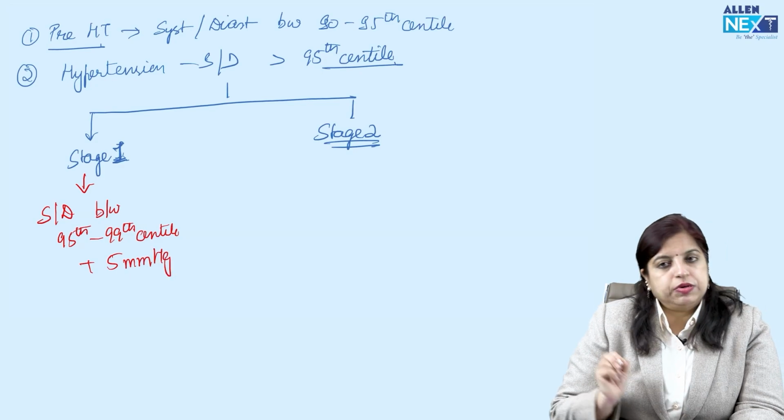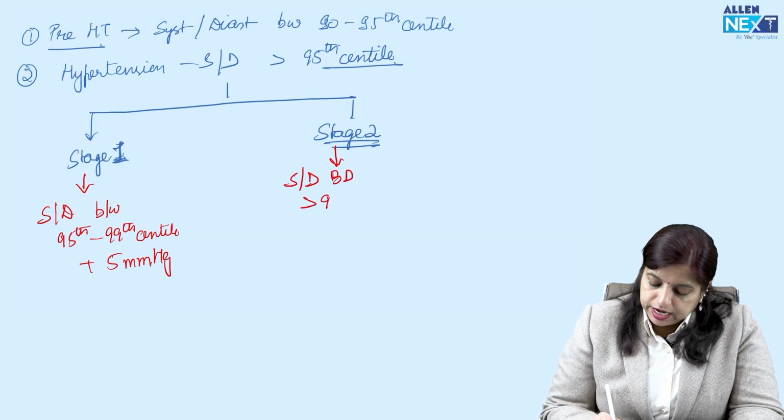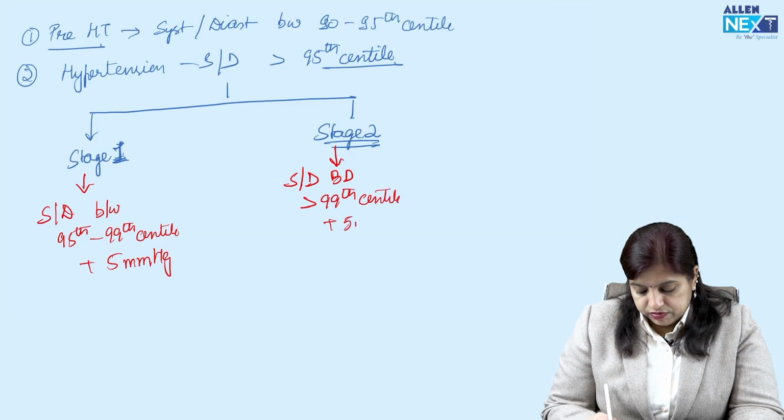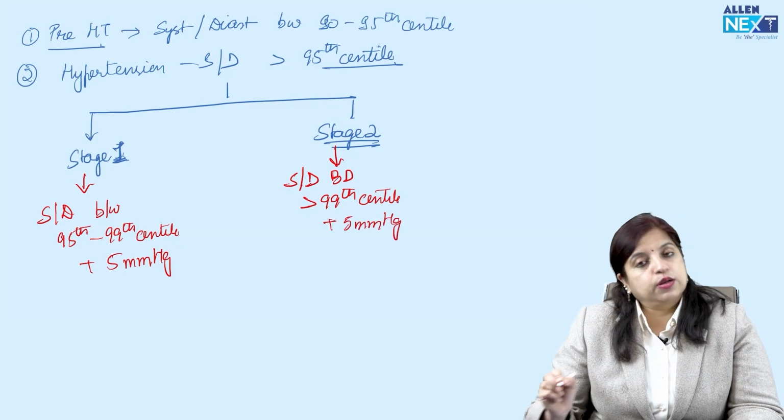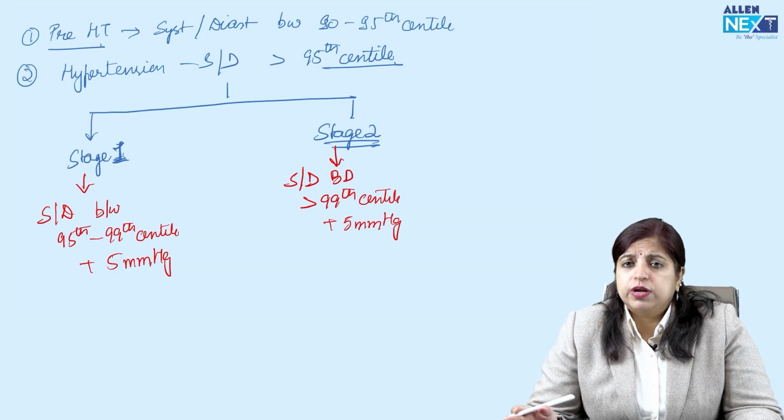And stage 2 hypertension is when systolic or diastolic blood pressure is more than the 99th centile plus 5 mmHg. So this you should know, certain characteristics of blood pressure.